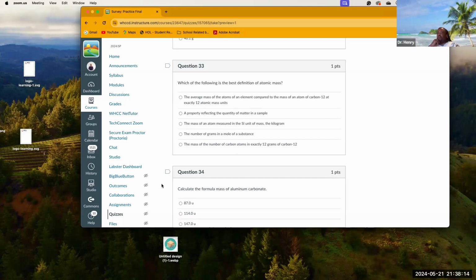Yeah, you're right, that would be too vague for a definition. So it's not going to be B. D wouldn't be correct because that would be the molar mass, right? Because that would be for a mole of what we're talking about.